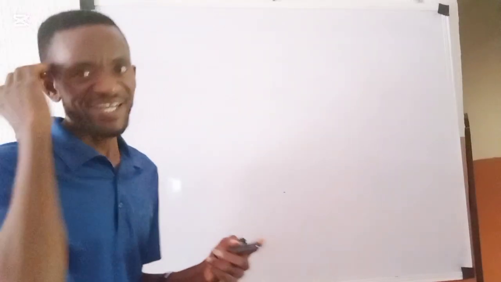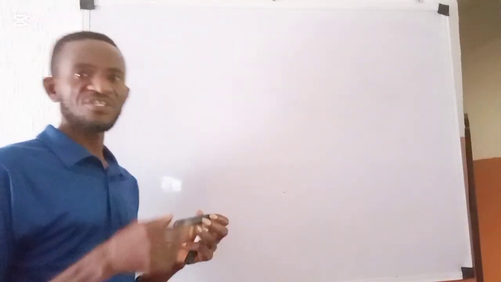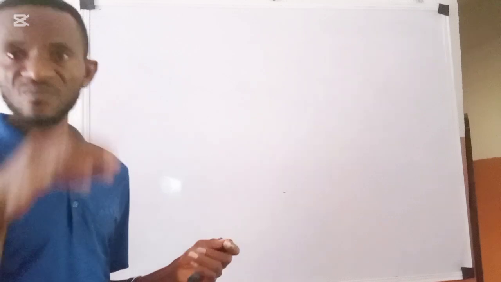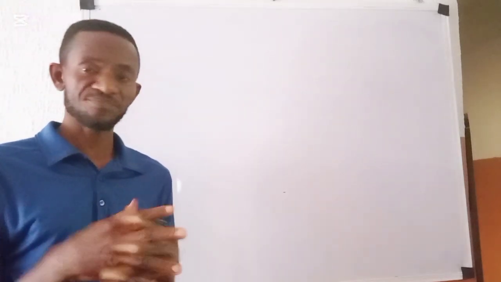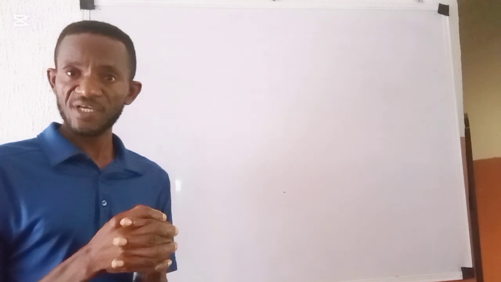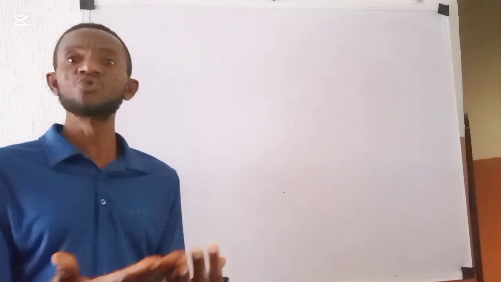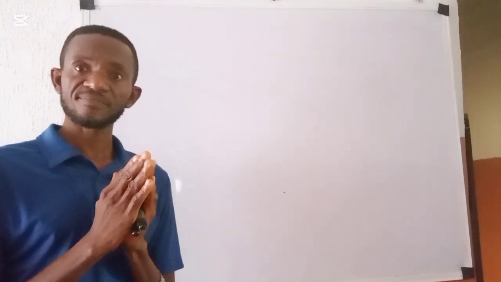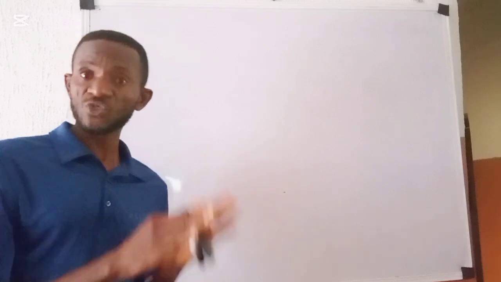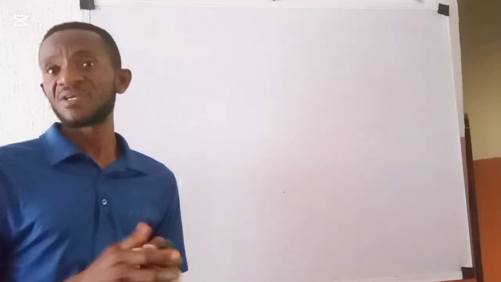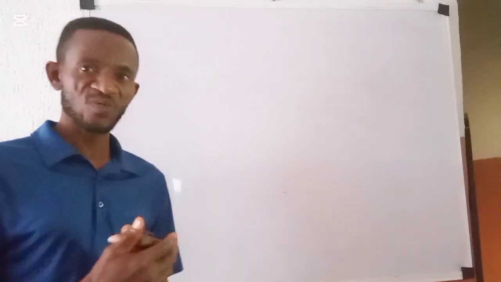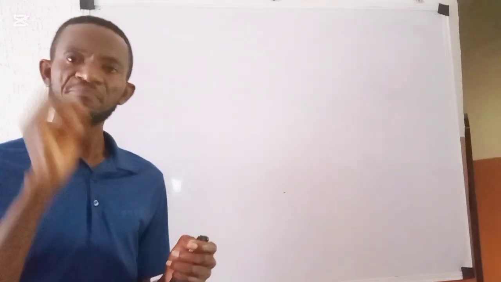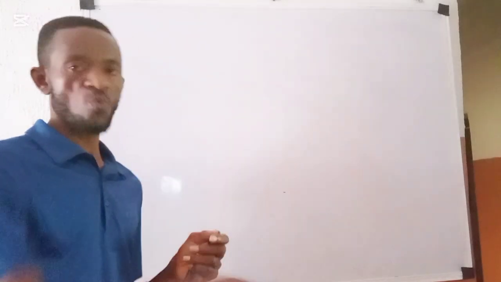Then we have entered the third condition. The third condition here is: N1 and N2 are small, but the variances of population 1 and population 2 are unknown but assumed to be equal.